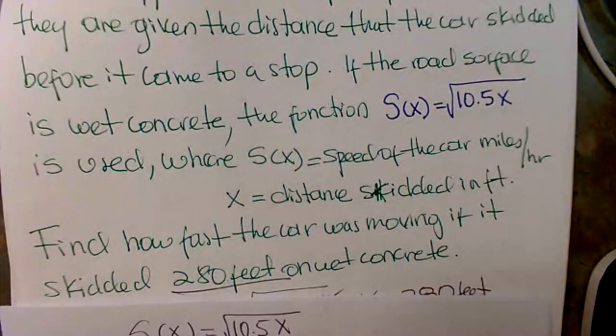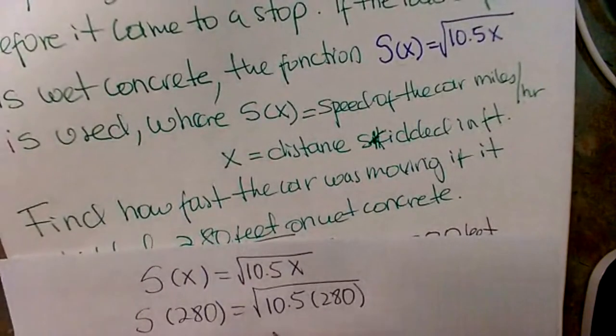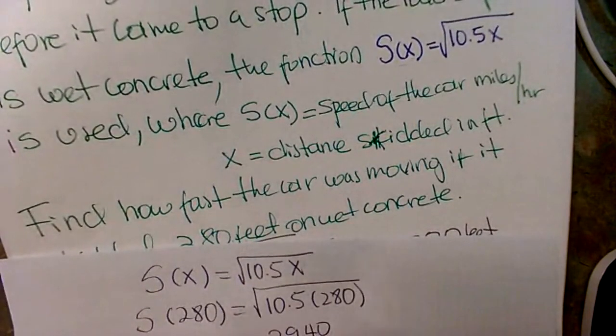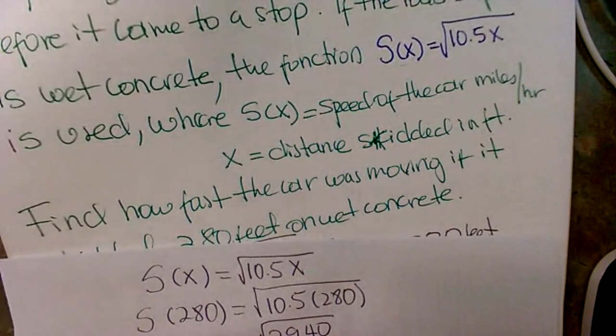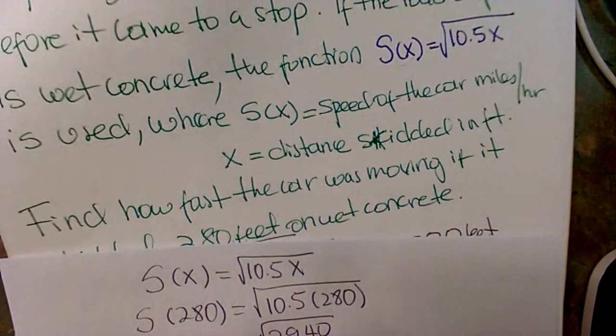And the square root. So when I multiply this, what I get is 2,940. And what's the square root of 2,940? 54.